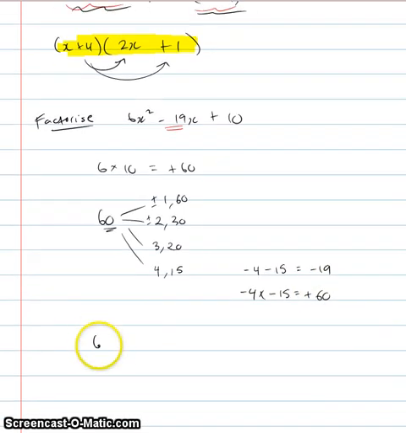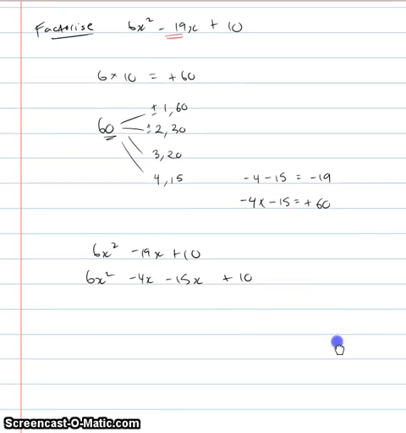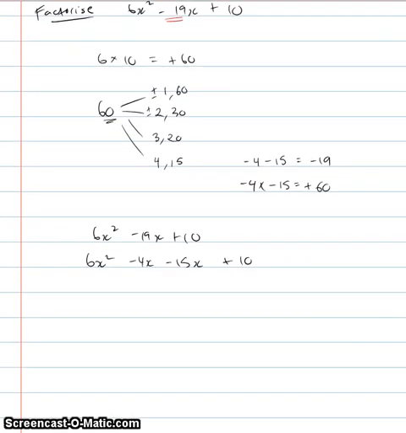So I can rewrite 6x squared minus 19x plus 10 as 6x squared minus 4x minus 15x plus 10. And now I'm going to take out common factors and use grouping. So what's common between 6x squared and 4x? 2x is: if I do 2x times 3x, I get this 6x squared, and 2x times minus 2 gives me the minus 4x.